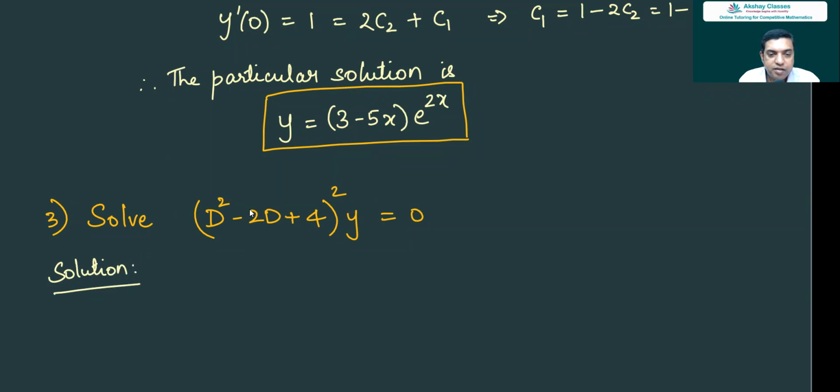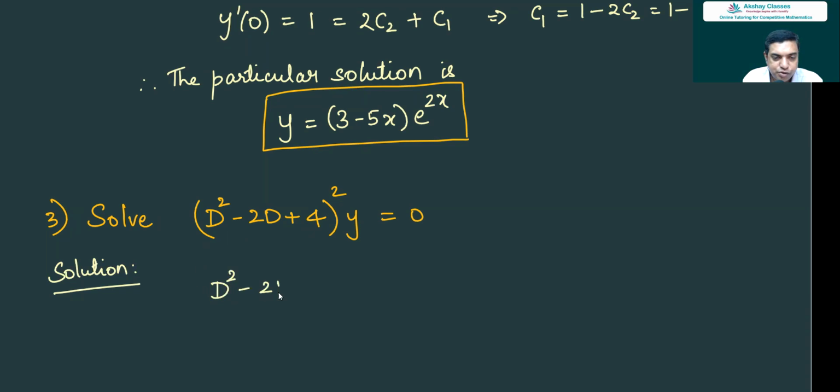Look at the discriminant. Discriminant is b square, that is 4, minus 4ac, 4 times 4, 16. So discriminant is negative. So it is complex roots.